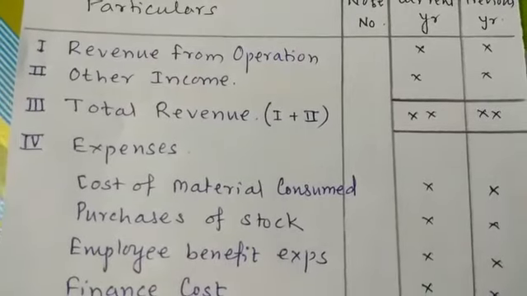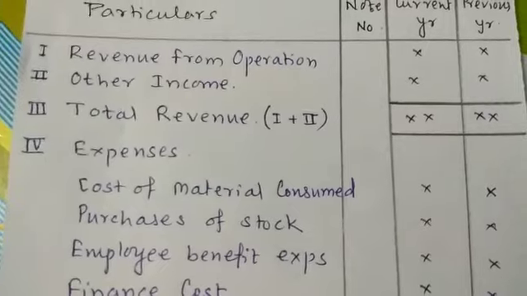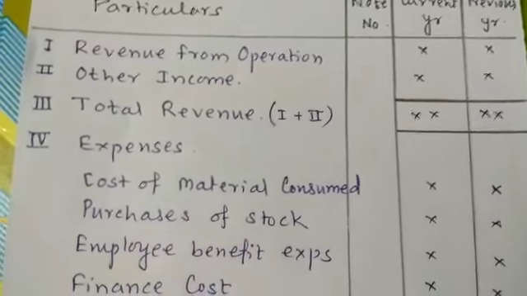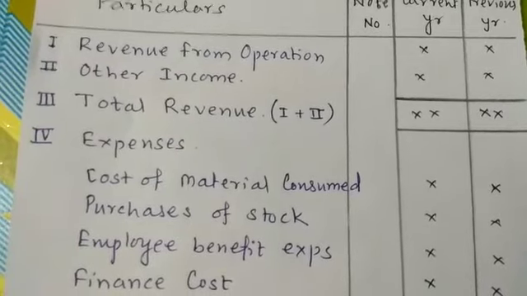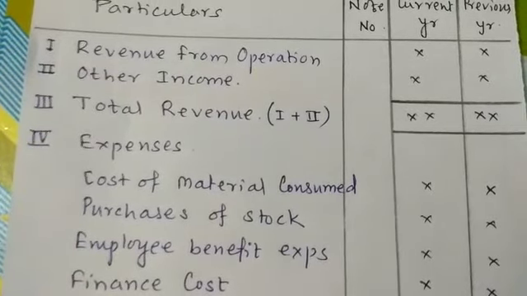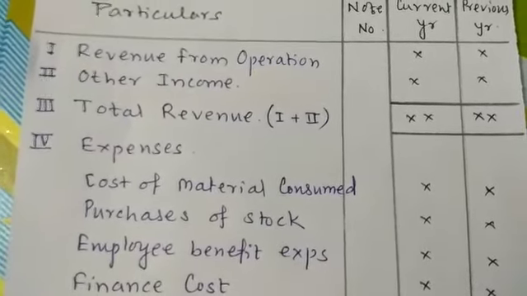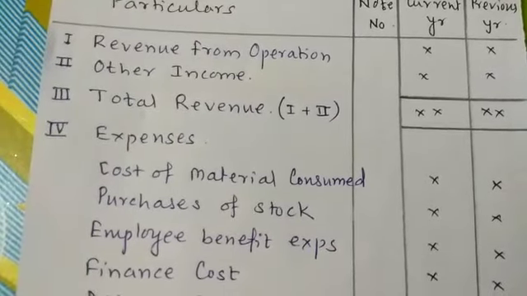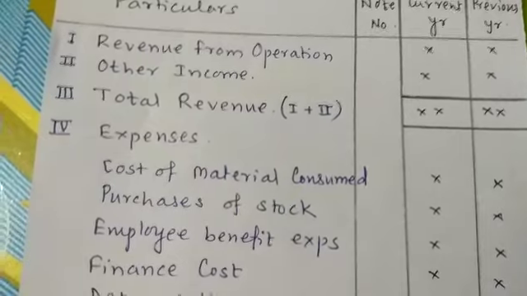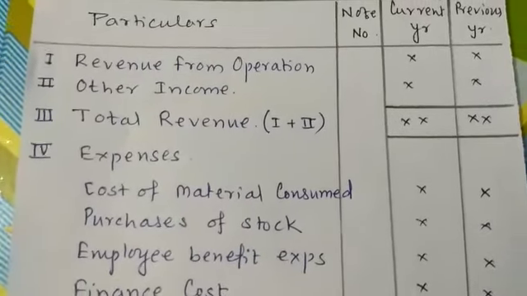Revenue from operations, that is the major source of income for a company. If it is a manufacturing or a retail company, the sales through manufacturing or sales through retail will be a part of revenue from operations. Whereas other incomes such as interest received, rent received, commission received will be a part of other income.